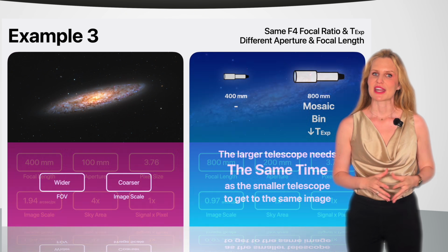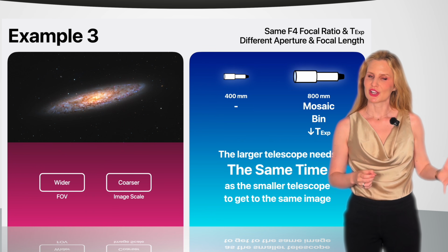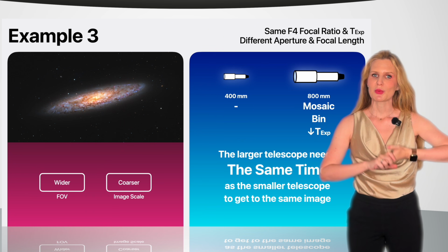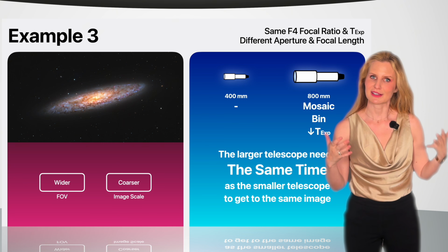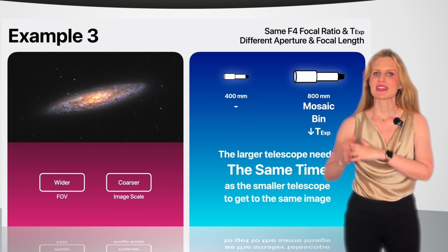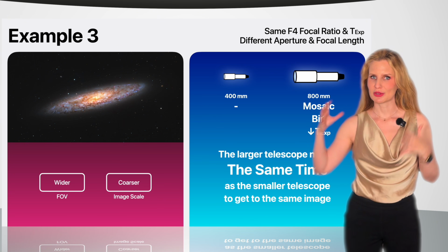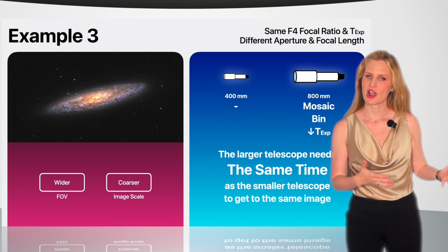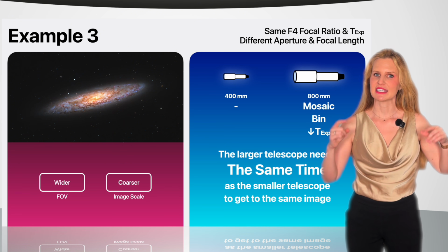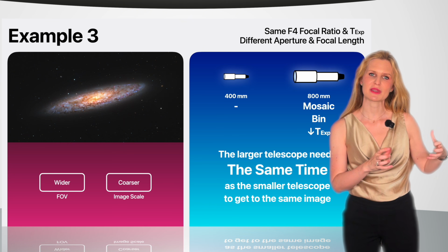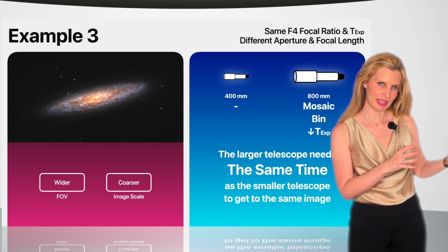First, if we want to match the wide field image using the larger 200-800 scope, we need to do a mosaic. That's familiar territory by now. And because we're trying to replicate the lower resolution image, we can bin our mosaic panels. The key difference here is that the native image from the larger scope is already just as bright.